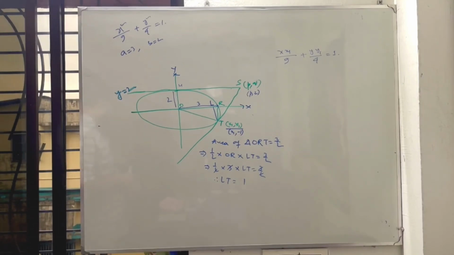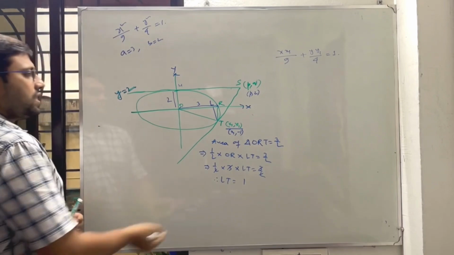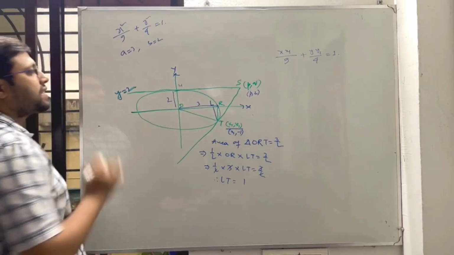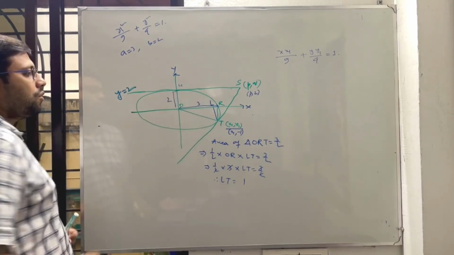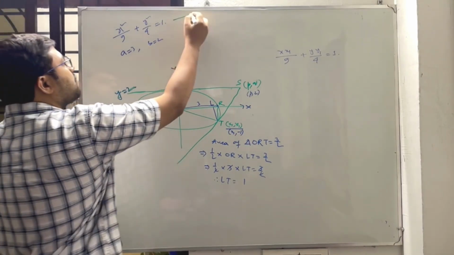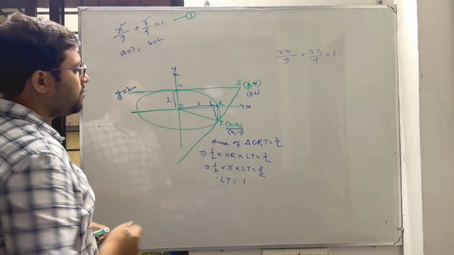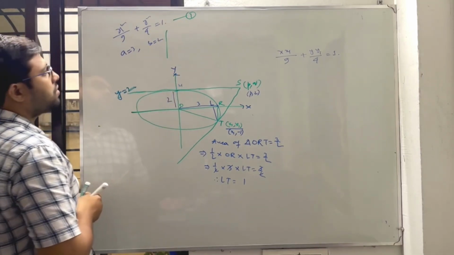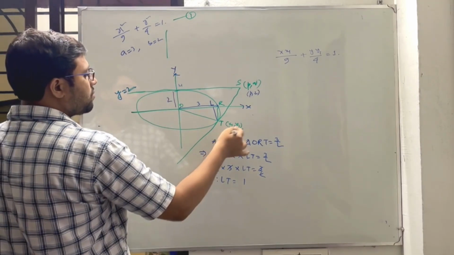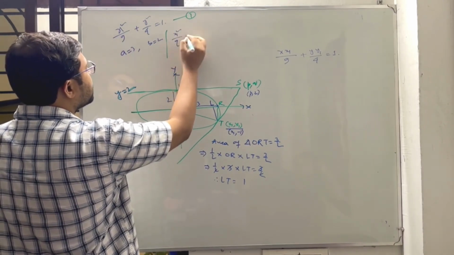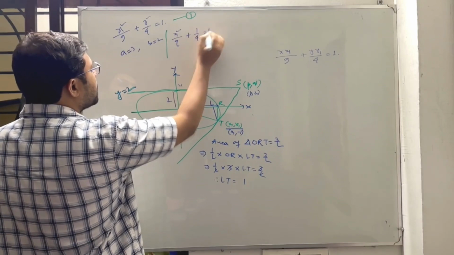Now we have to determine the value of x1. Since T is a point which lies on this straight line ST as well as on this ellipse, we can put x1 comma minus 1 in equation 1, that is in the ellipse, so that we can get the value of x1. So we have x1 square by 9 plus 1 by 4 is equal to 1.